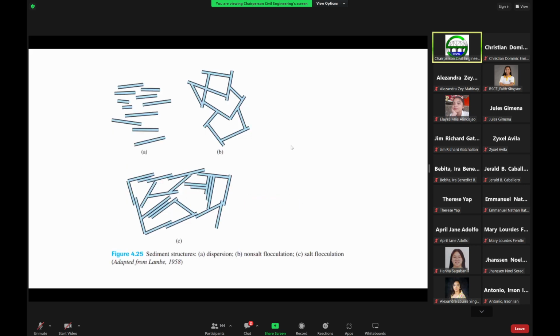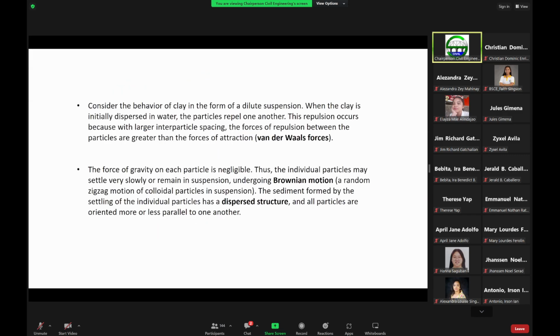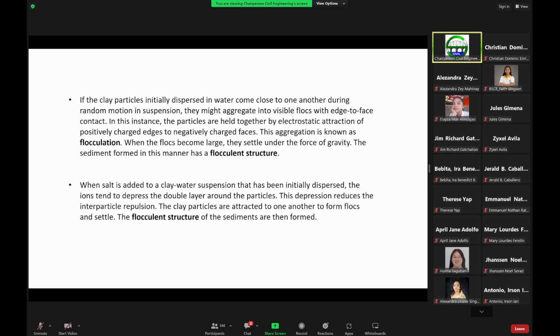Now, if the clay particles initially dispersed in water come close to one another during random motion in suspension, then they might aggregate into what we call visible flocks with edge-to-edge contact. In this instance, the particles are held together by electrostatic attraction of positively charged edges to negatively charged faces.